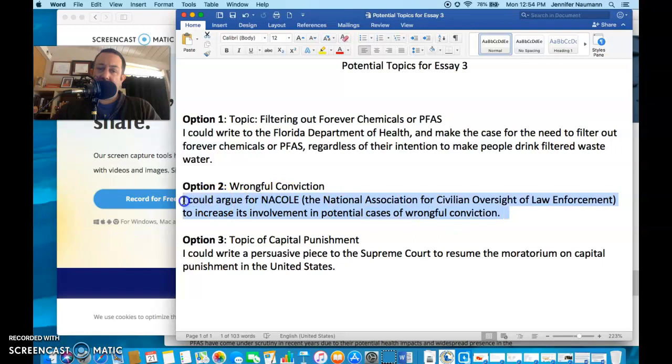But how they are really helpful in general to cases where they're fighting a potential wrongful conviction, I just feel like maybe they could be more help there, and that's kind of what I would write my argument about. Like, this is what your group says it does, and this is what you do, and these are the ways in which I think you could be more helpful to potential cases of wrongful conviction.